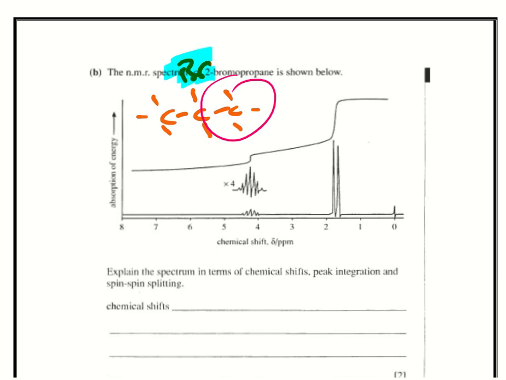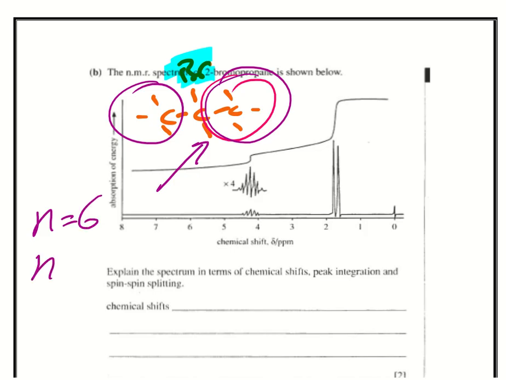Okay, so in this environment here, we have 1 carbon, it's adjacent to 3 on that side and 3 on that side, so therefore it has a neighbouring number of hydrogens as 6, so N plus 1 equals 7, so that's going to split to a septet.